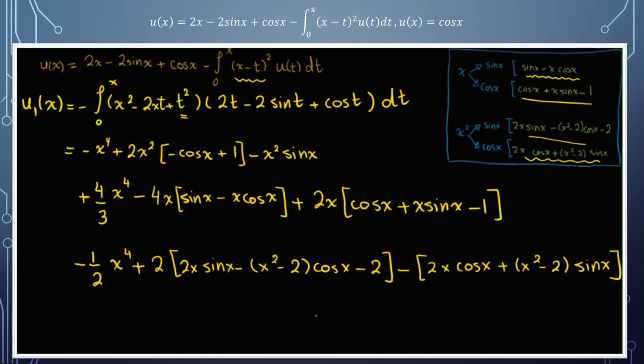Okay, now let's see the similar coefficients and add them to each other. We have here x raised to 4 multiplied by minus 1, and here it's multiplied by 4/3, and here minus half. So we have minus 1, let's write it as minus 3/3 plus 4/3 minus 1/2 multiplied by x raised to 4.